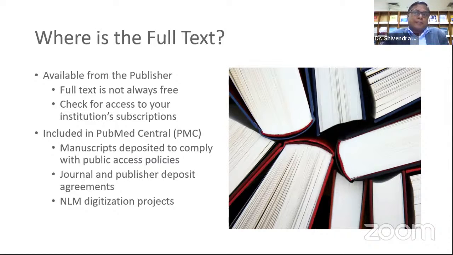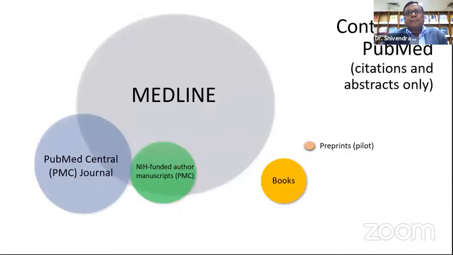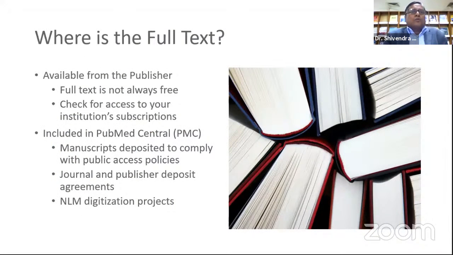Next is PubMed Central, called PMC, which is the National Library of Medicine's free full text repository of journal articles. Under the National Institutes of Health policy adopted in 2008, any publication whose research was supported by an NIH grant must be made available to the public.